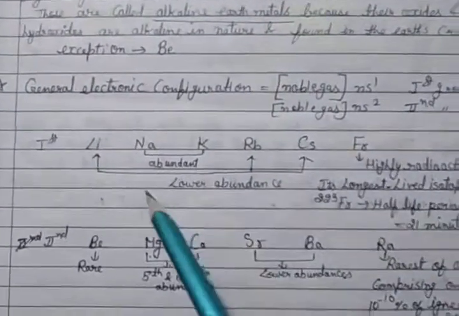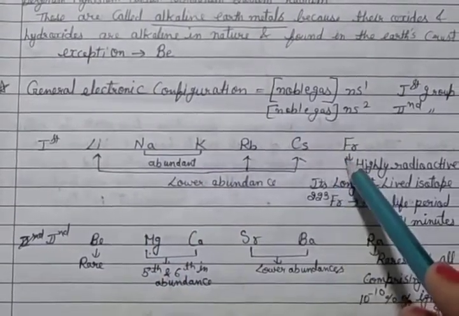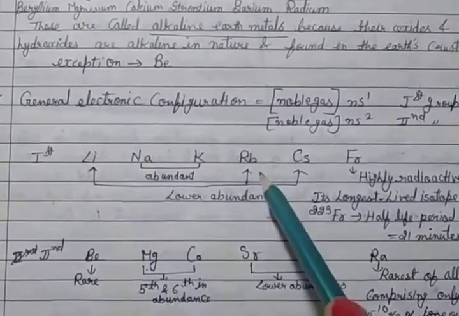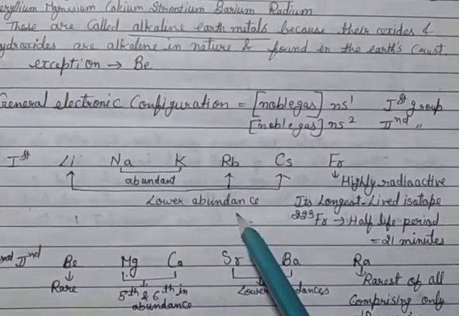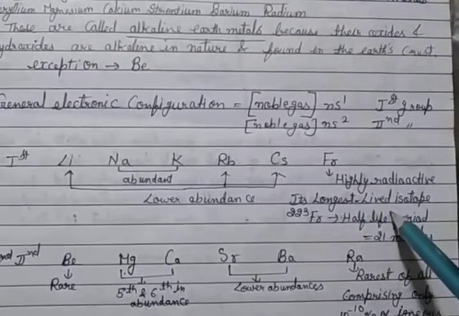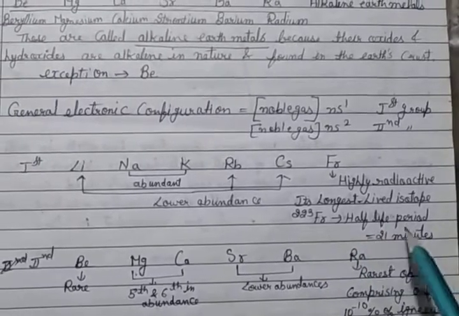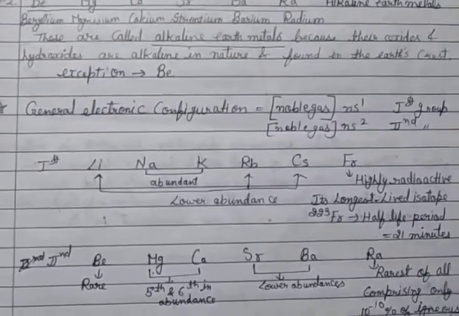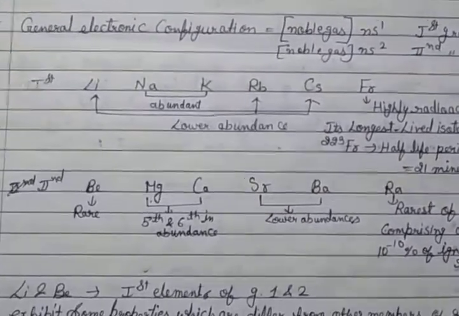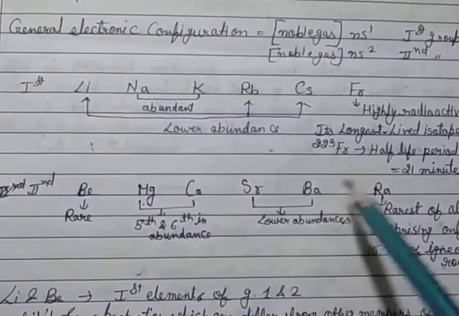Then occurrence: lithium, sodium, potassium, rubidium, cesium, francium. Sodium and potassium are abundant, lithium and rubidium have lower abundance, and francium is highly radioactive; its longest lived isotope is francium-223 and its half life is 21 minutes. Then the second group: beryllium, magnesium, calcium, strontium, barium, radium.